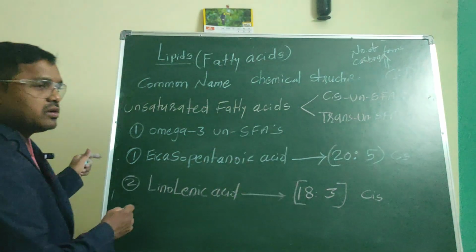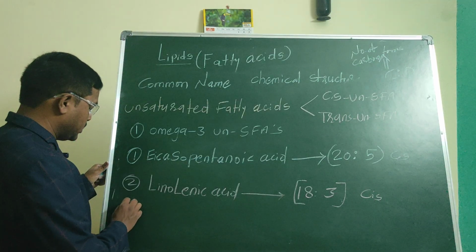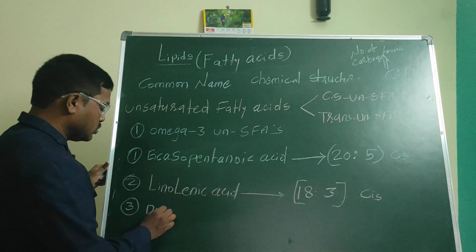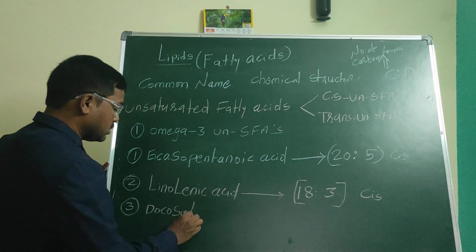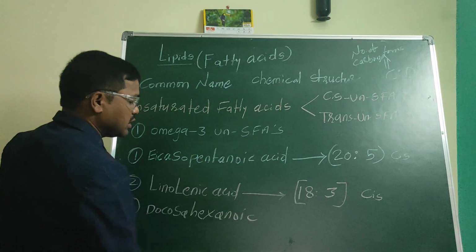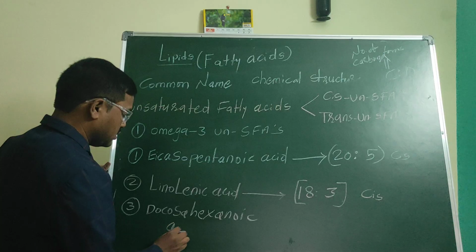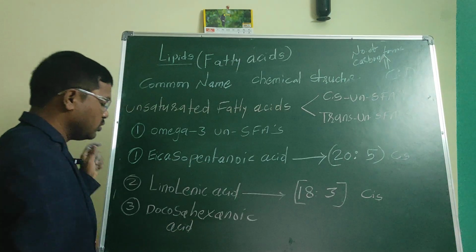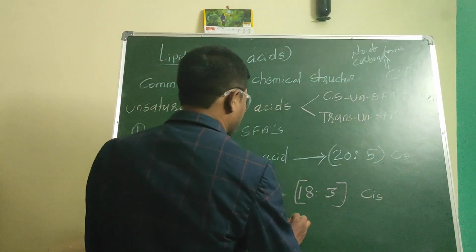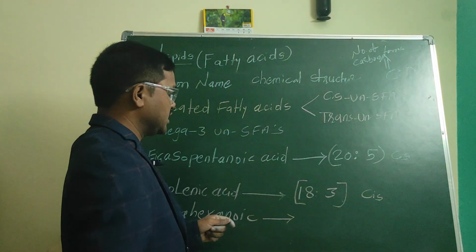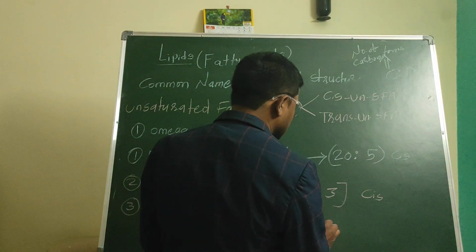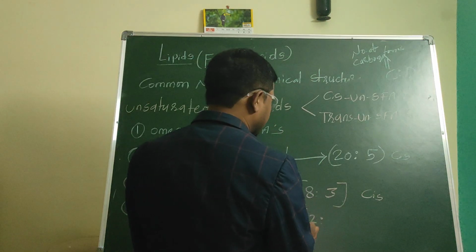Next, docosahexaenoic acid. Docosahexaenoic acid is an omega-3 fatty acid, and it has 22 carbon atoms.